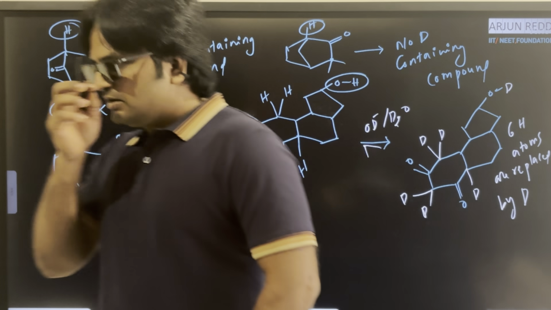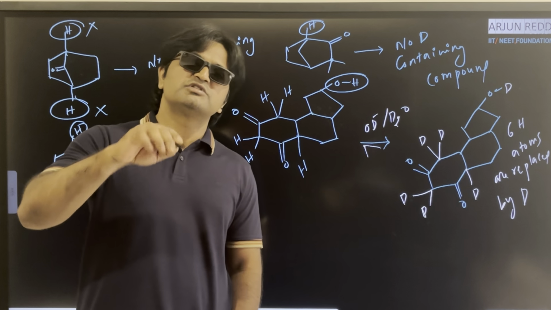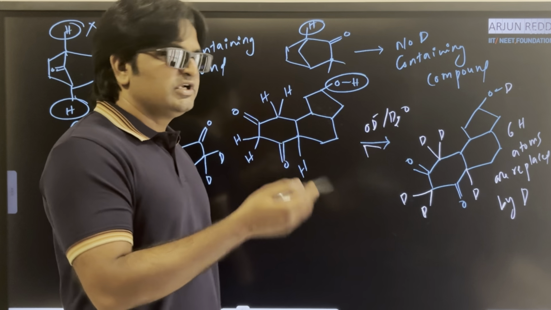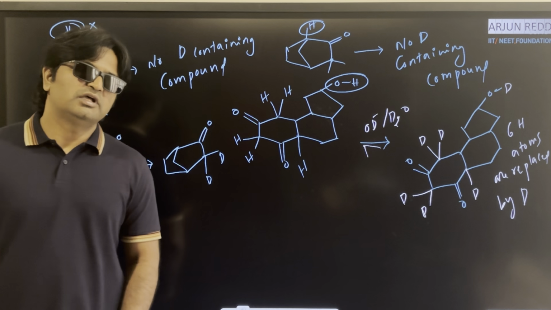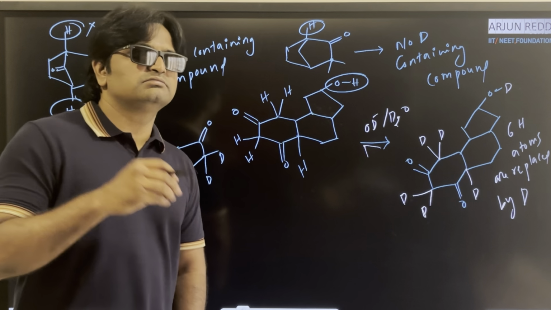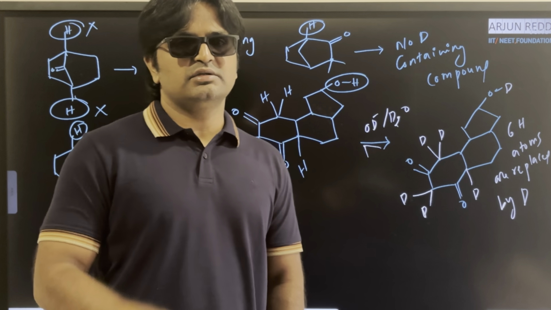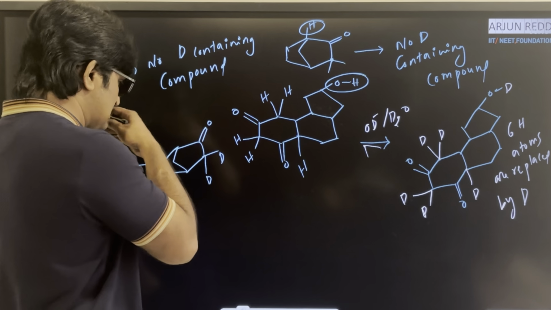Any type of question they can give. First one, number of replaceable hydrogen atoms by deuterium. And what is the molecular weight difference? And third question they can give, in the given reaction condition, how many deuterium atoms are now observed in the final resulting product. These are the different types of questions.